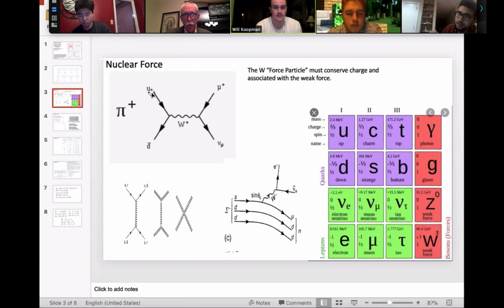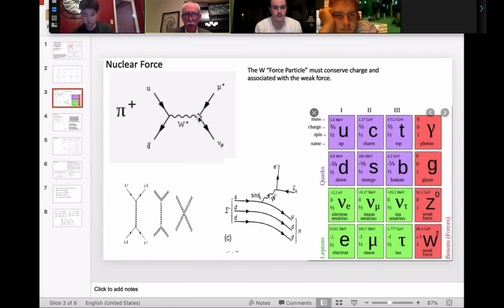So, see this interaction here, how a U and a D bar can annihilate and produce a W plus. And then the W plus can spawn off a particle-antiparticle pair.